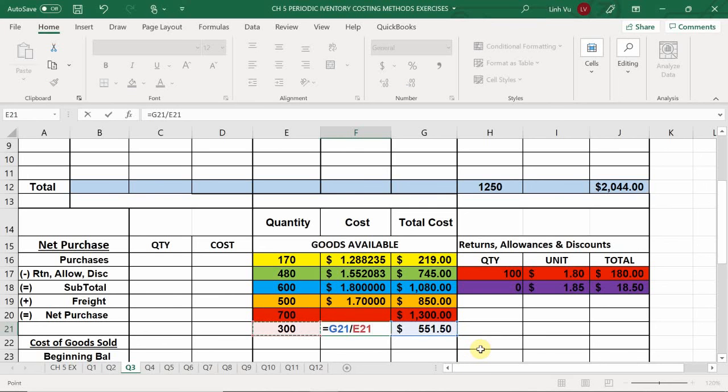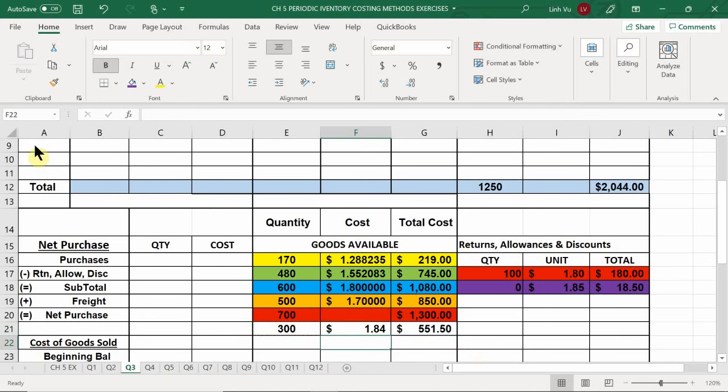So in this case, what is my cost per item? No, sorry, never mind.